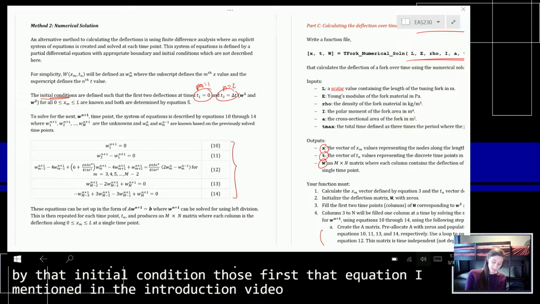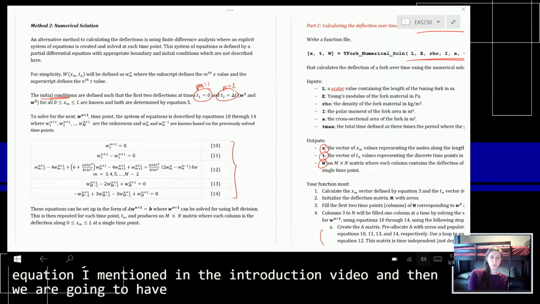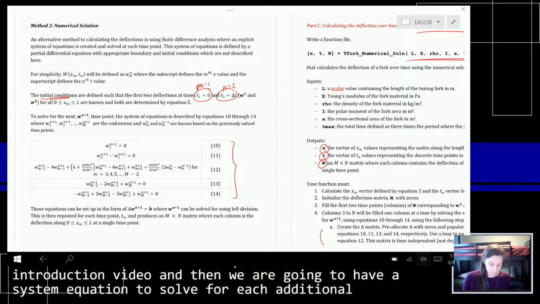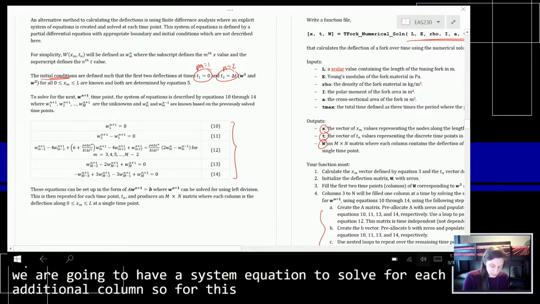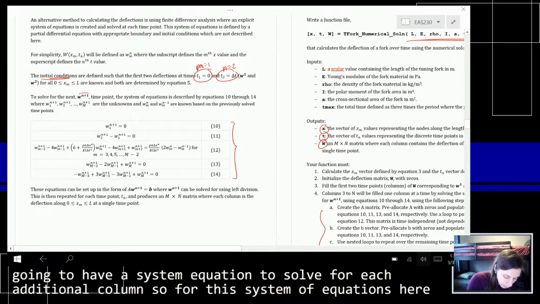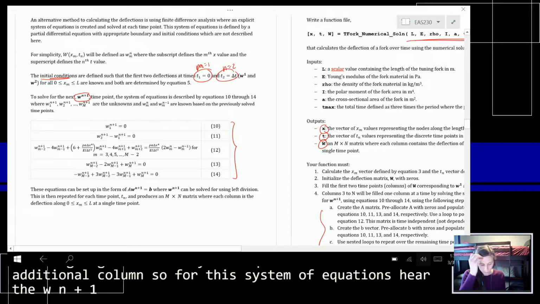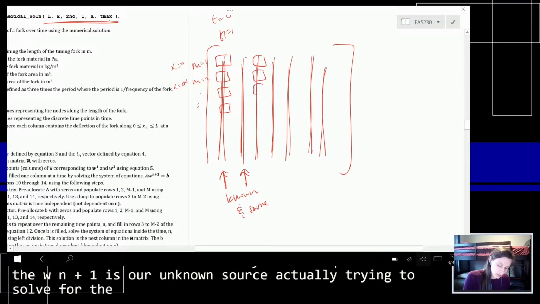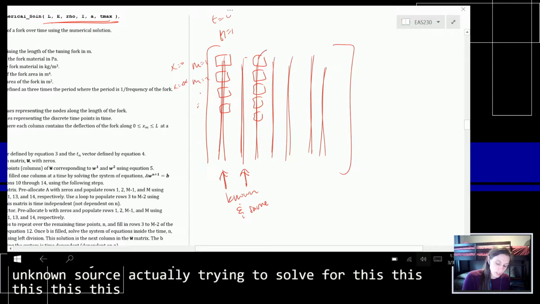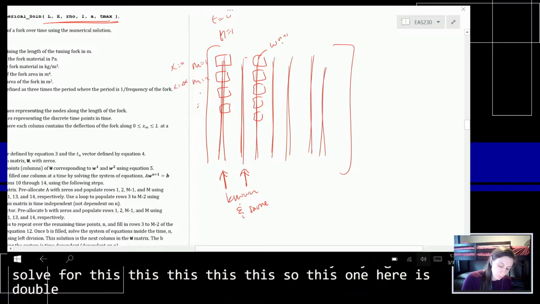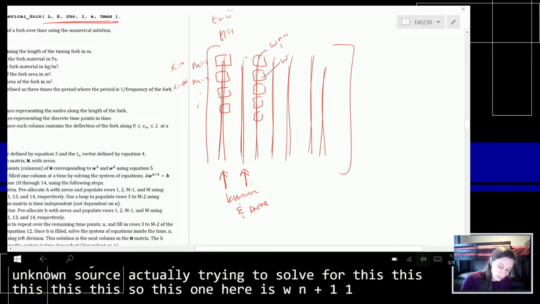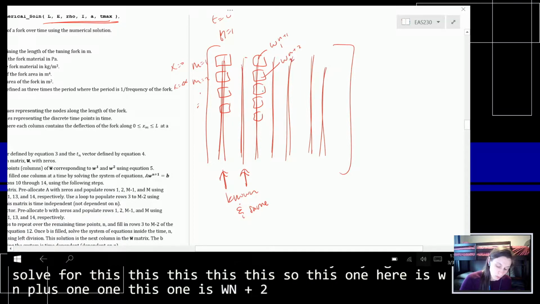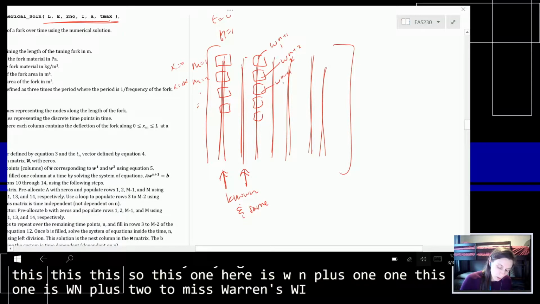And then we are going to have a system of equations to solve for each additional column. So for this system of equations here, the w^(n+1) is our unknown. We're essentially trying to solve for this. So this one here is w^(n+1) sub 1. This one is w^(n+1) sub 2. This one's w^(n+1) sub 3.